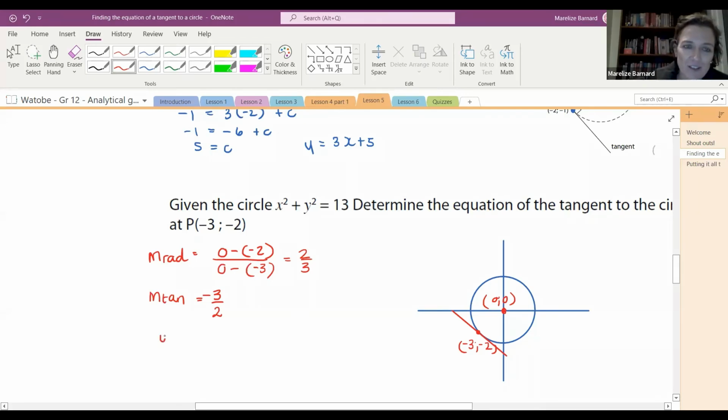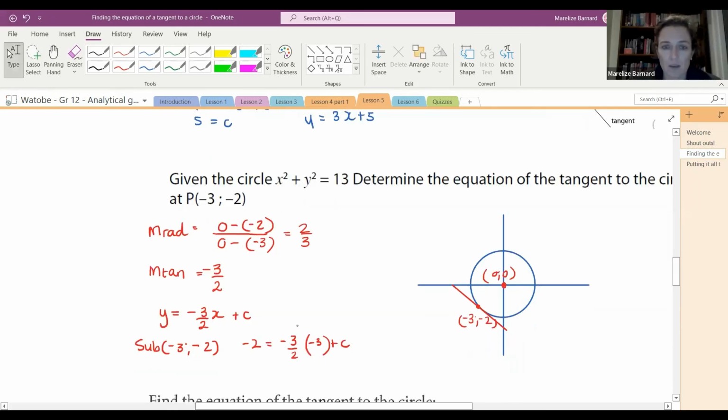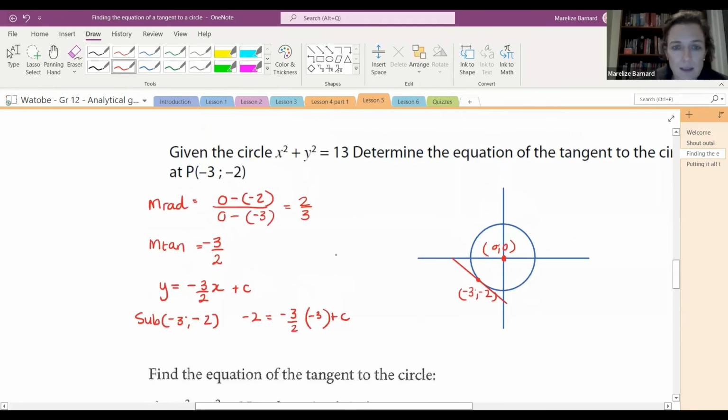Okay. So we are going to sub in -3 and -2. So our gradient is -3 over 2, y equals -3 over 2 x plus c. We sub in -3 and -2, and that's -2 minus 3 over 2 times -3 plus c. Okay, and then I'm just going to do this quickly on my calculator.